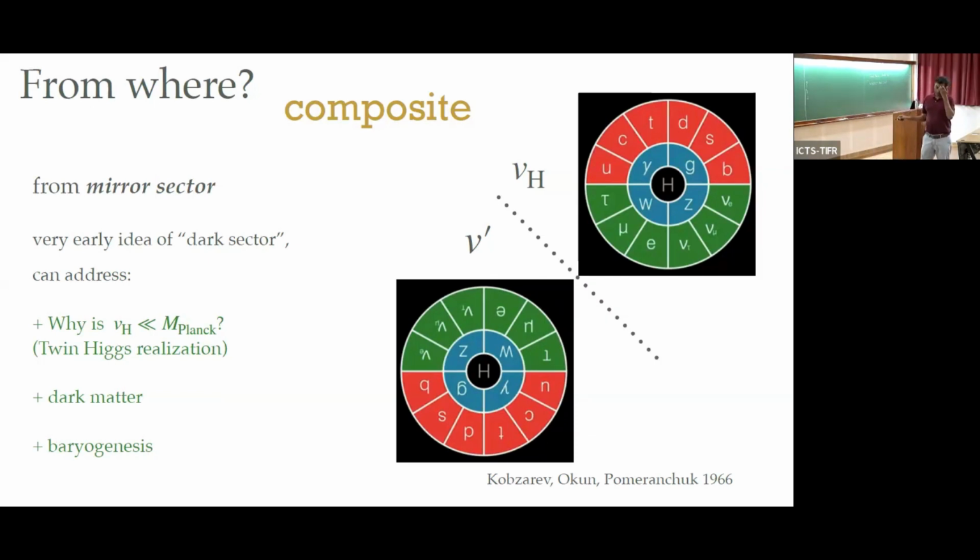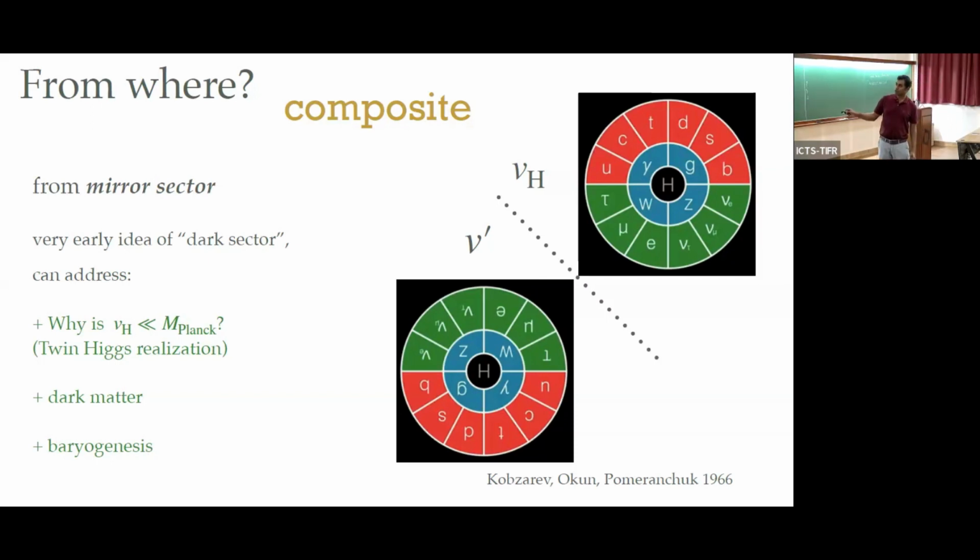People have been thinking about this for a long time. But of late, it has taken a revival in the form of neutral naturalness in twin Higgs realizations to explain the naturalness problem in the electroweak sector.